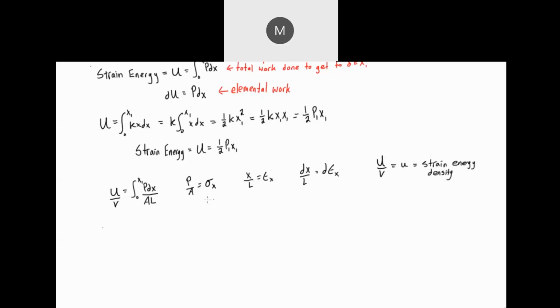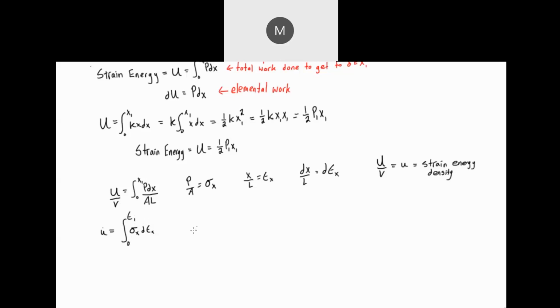So we can go and substitute some of these things in here now. We'll write this as lowercase u, and we'll have our integral here. We'll substitute P over A for our normal stress, and we'll substitute this here for the elemental strain. This means we go from 0 to strain epsilon 1.